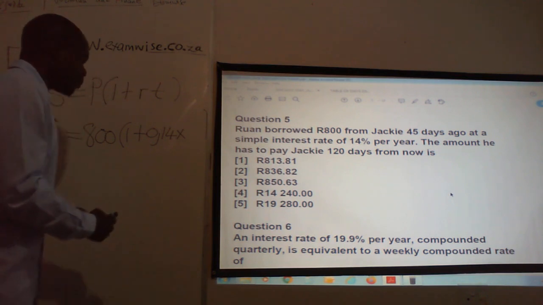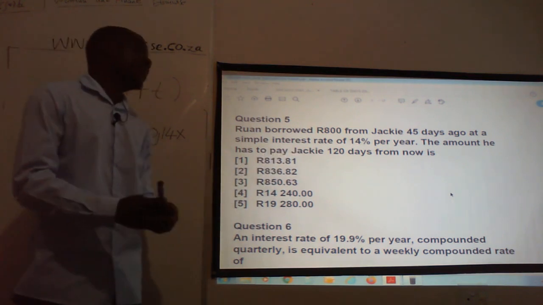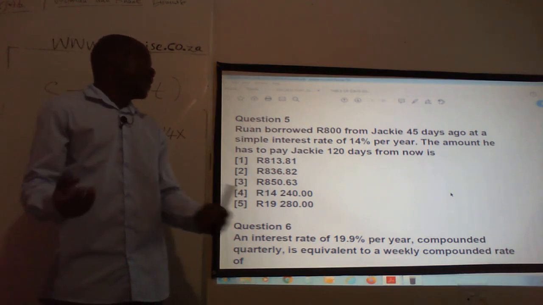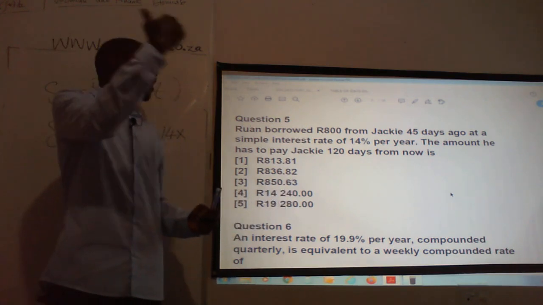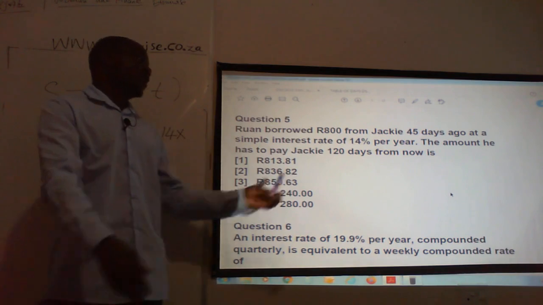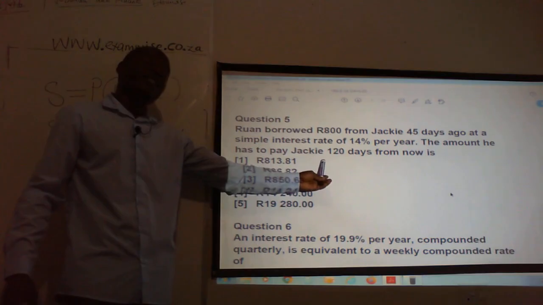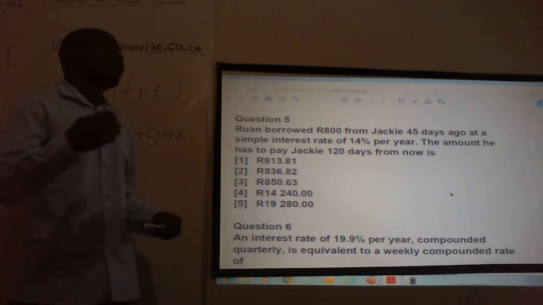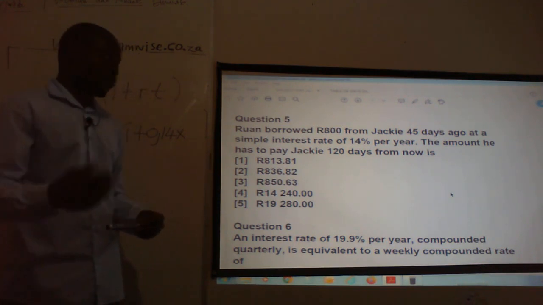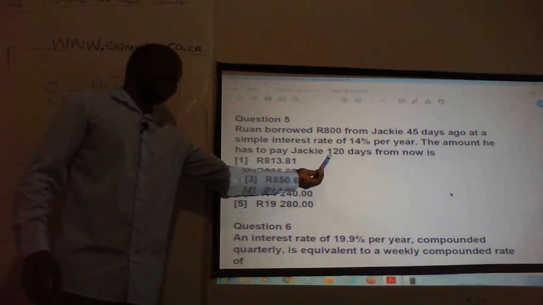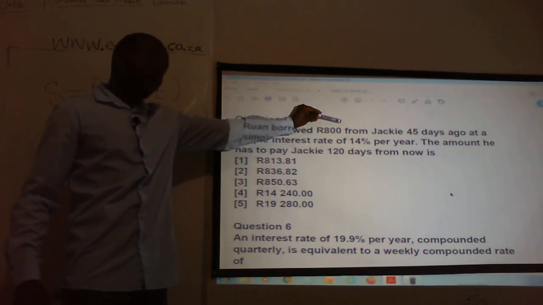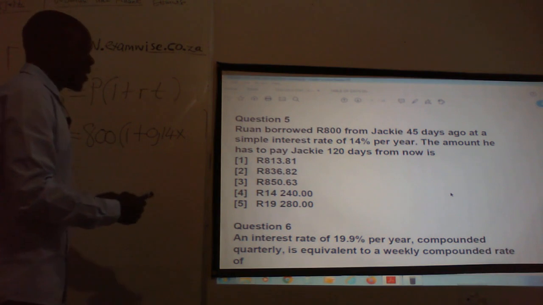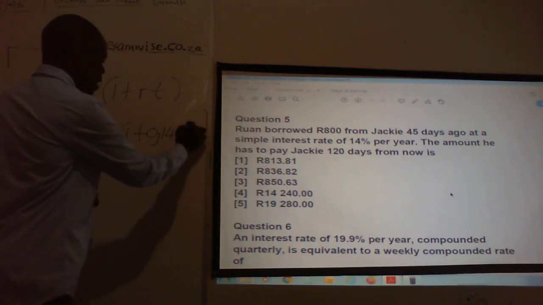So we have to go back by 45 days, and then from today up to the payment date, we have 120 days. So the number of days over which the amount was borrowed is 120 plus 45.